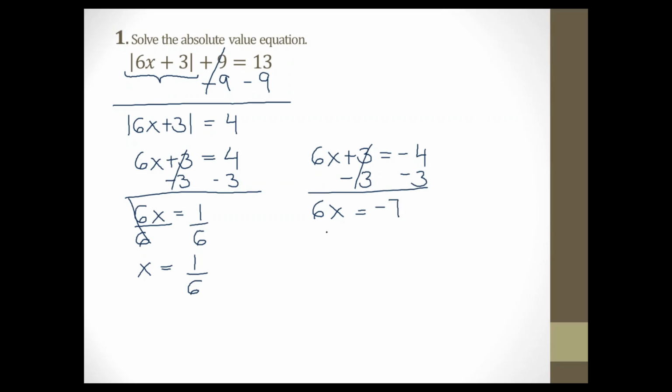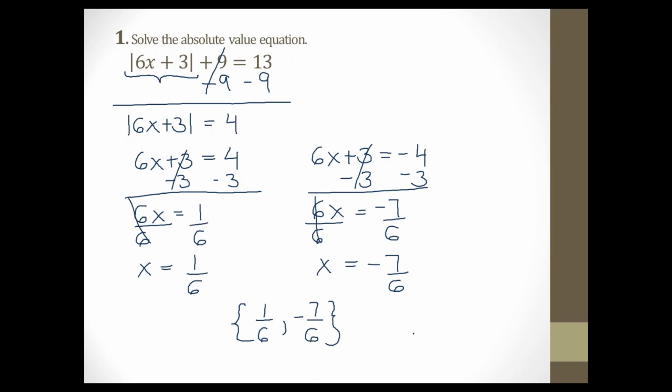Last step, to get x by itself, divide by 6, and that leaves me with x equal to negative 7 over 6. So for this absolute value equation, we basically get two answers. One of them is 1 over 6, and the other one is negative 7 over 6.